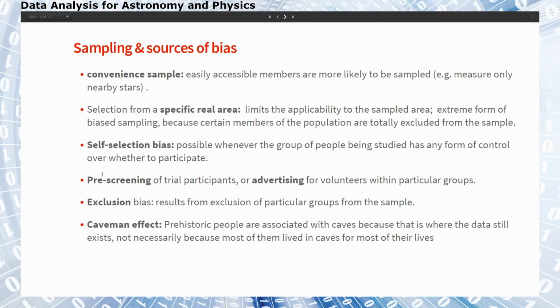There are others, and I mention a few here on this slide, but I think everybody gets the general idea. It's very important when you select a sample to make sure that it is as representative as possible, and during the research, when you conclude, keep in mind to conclude general properties of the population.